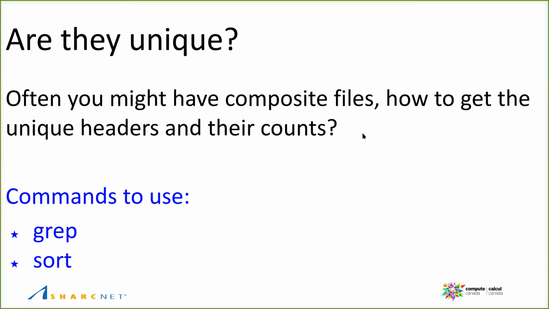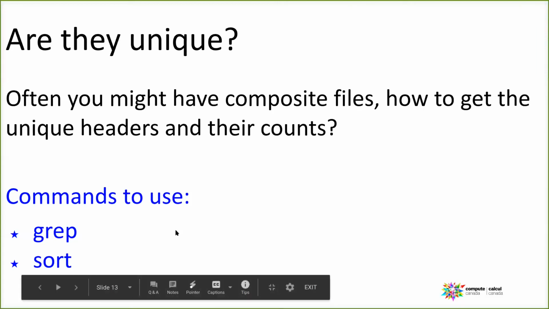All right, another question we often ask is whether sequences are unique. We need to know how many we have that are unique, because sometimes somebody concatenated files, etc. So we can use commands like grep and sort to do this.